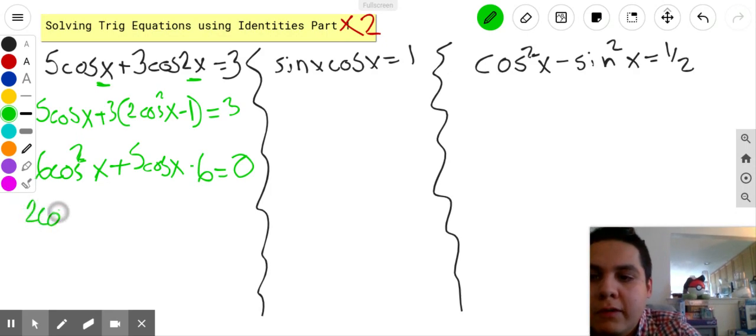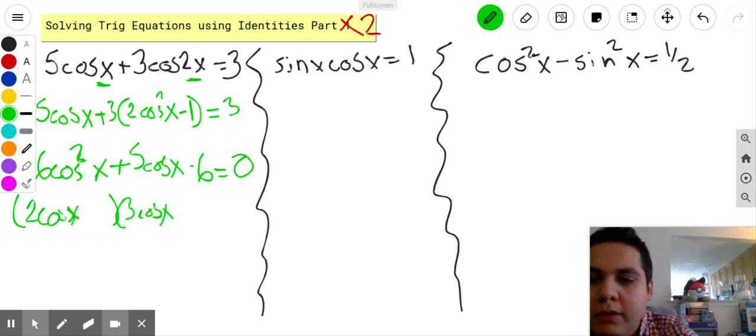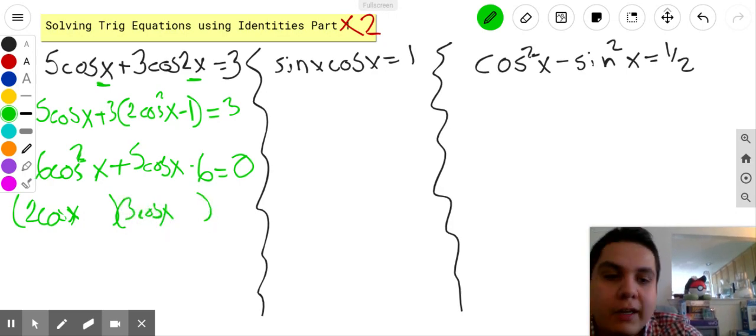2 cosine of x in one parentheses, 3 cosine of x in the other parentheses. It has to be 9 and 4 to get a positive 5, so plus 3 and minus 2 equals 0.